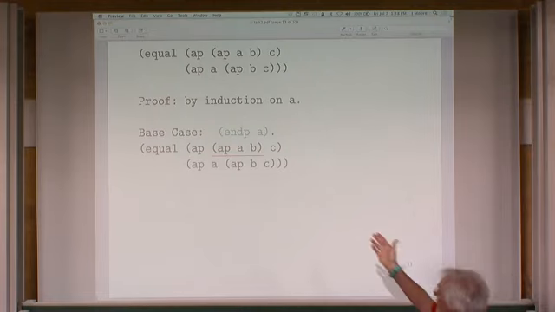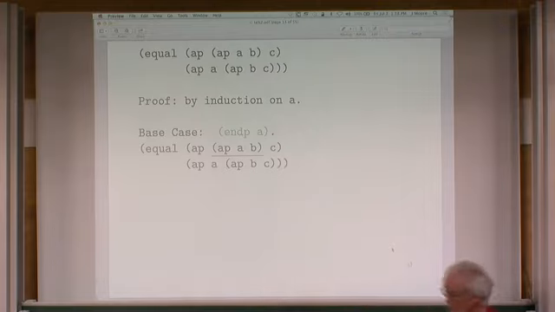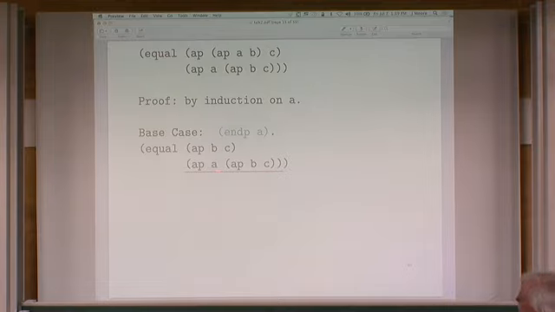Then it tries to simplify that by focusing on the recursive functions that are controlled by A. And this is one: append A, B when A is empty is just B. This is another: append A something when A is empty is just the something. Equal of two identical terms is true. And so we're done with the base case.